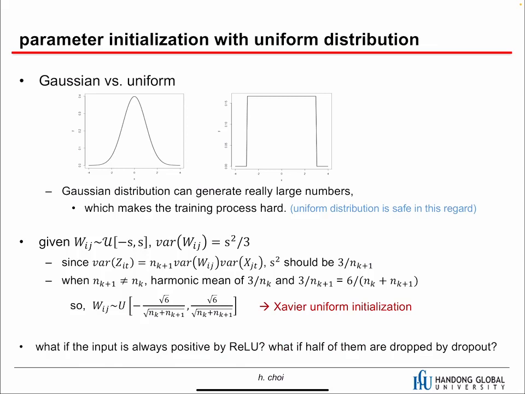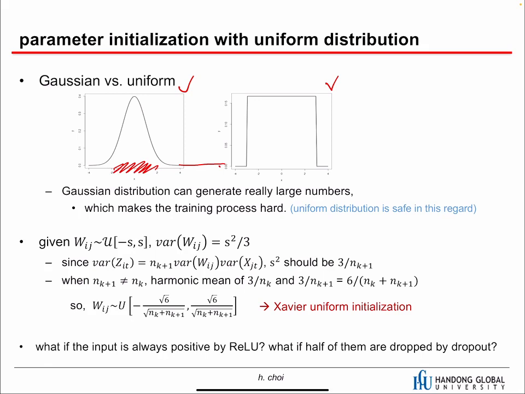But there's one tiny little problem with the Gaussian distribution. Look at this one. This one is a Gaussian distribution, and this one is a uniform distribution. When we initialize the parameters from this Gaussian distribution, probably all the parameters are around here. That's okay. But there is some possibility to have a really large value.